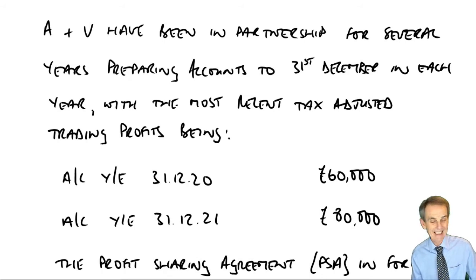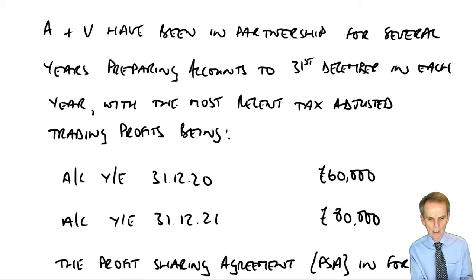And as it is a continuing partnership, then each of the partners will by now be using current year basis. So whatever accounting year end we're dealing with, once we have the tax-adjusted trading profit split between the partners, each continuing partner will be assessed using current year basis.